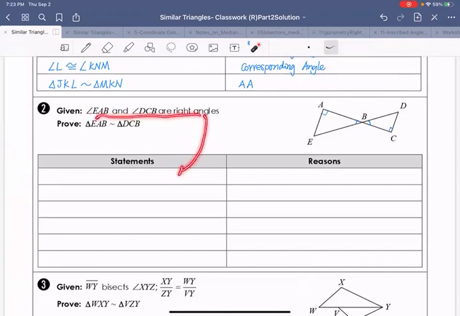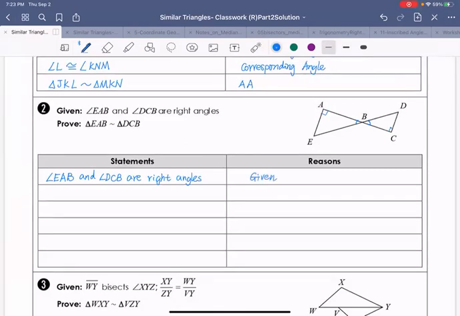You want to start with this, right? Okay, let's copy that. Reason? It's the given. And then EAB is congruent to DCB. You can do this in one step. That's totally fine, because during the time we learned drawing conclusions, they have an example like this, right?